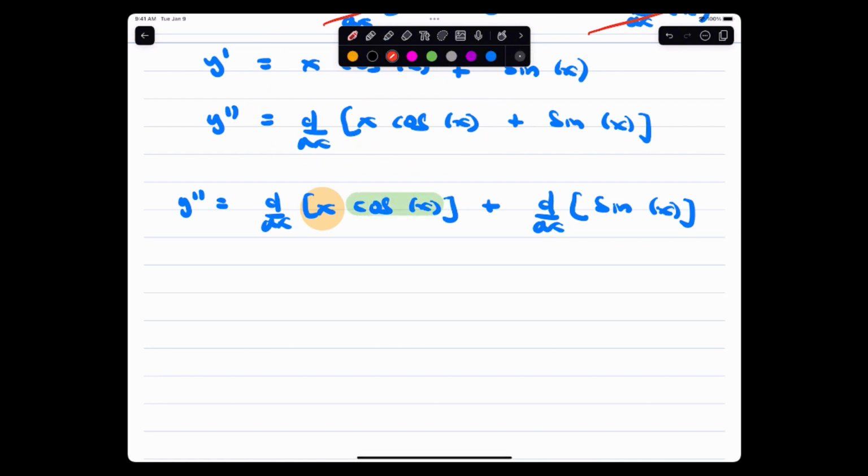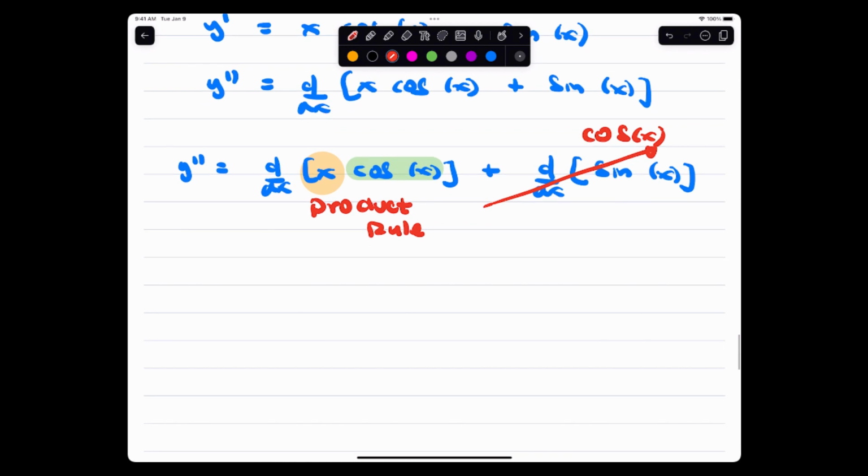So what do you do right here? Product rule. What's the derivative of sine? Okay. So by product rule, x, differentiate what again? Cosine, pull out your cosine, and then you differentiate what?